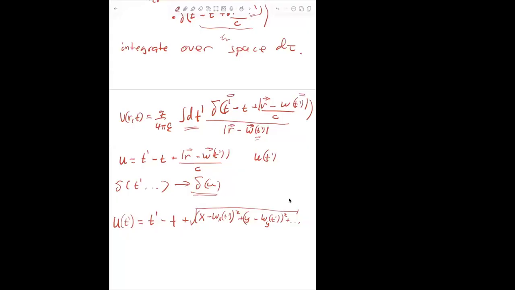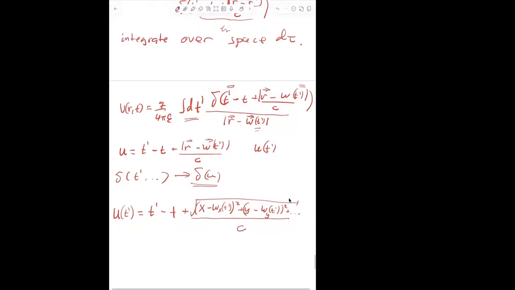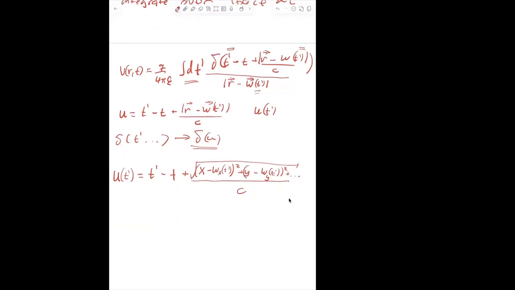All this divided by c. Now I need to take the derivative with respect to time, because I need to calculate the Jacobian. If I know this, I can switch variables from dt prime to du.